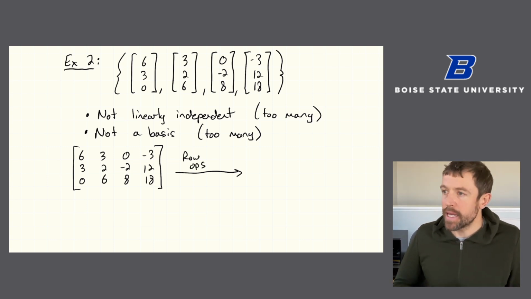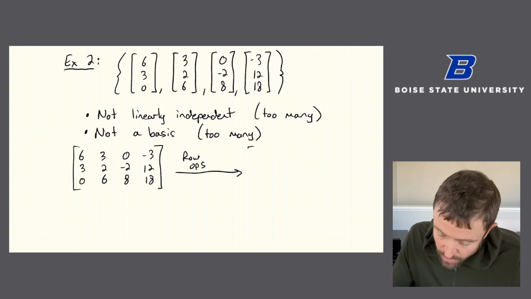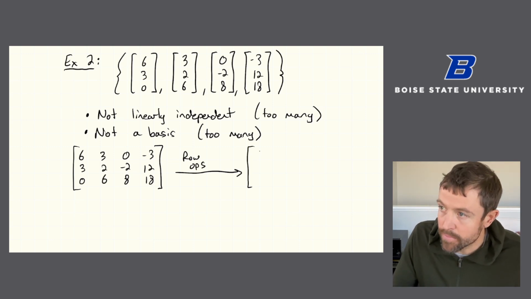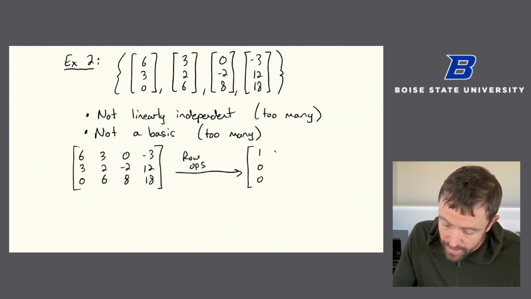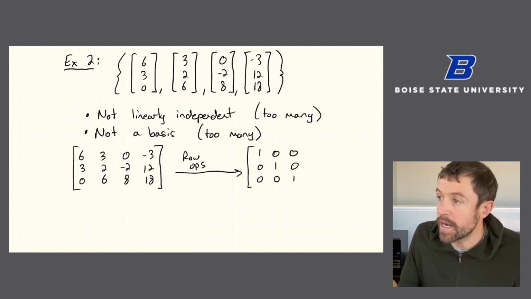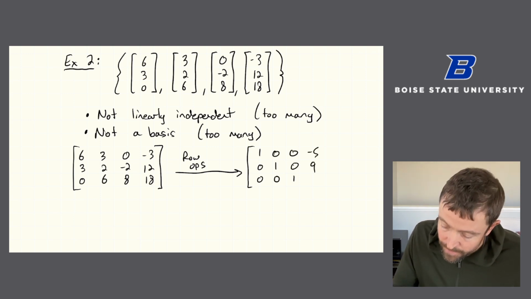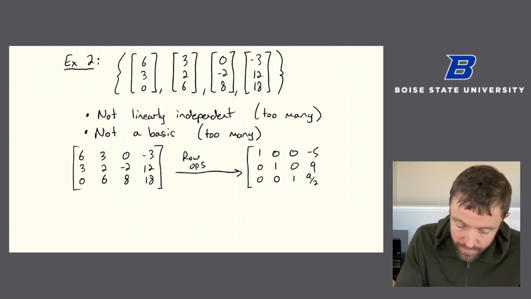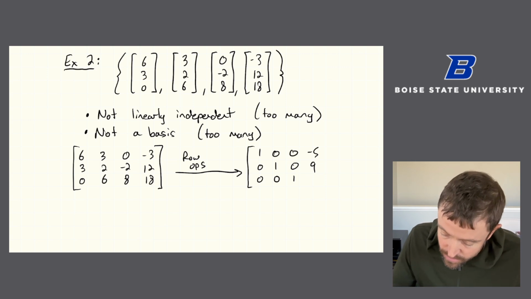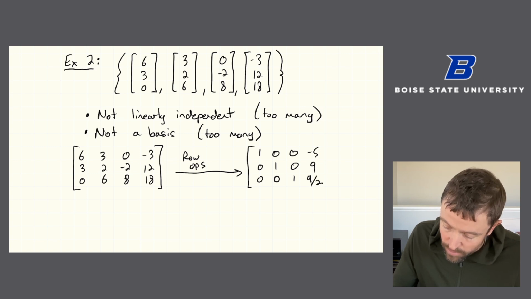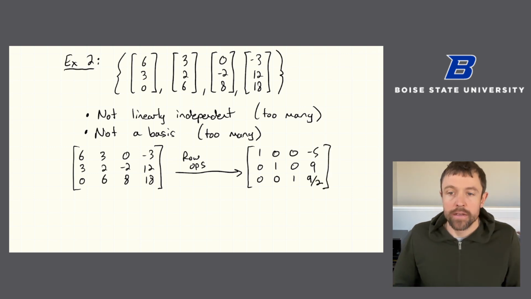And in this case, I converted it all the way to reduced row echelon form just because I want that later, but this is not really necessary to answer the question we're answering right now. That's a 9 there. That's 9 halves. Let's write that in a more readable way. So this is what we get.